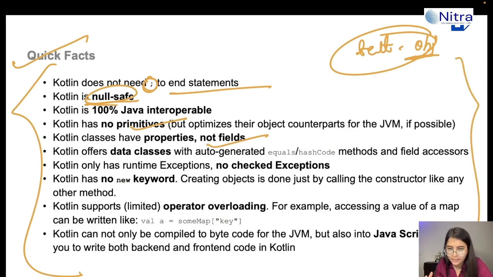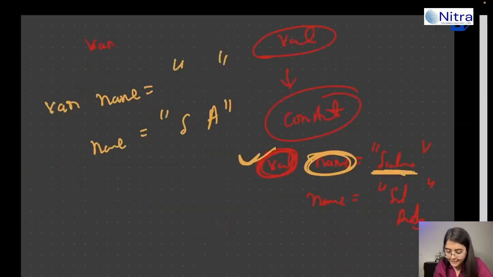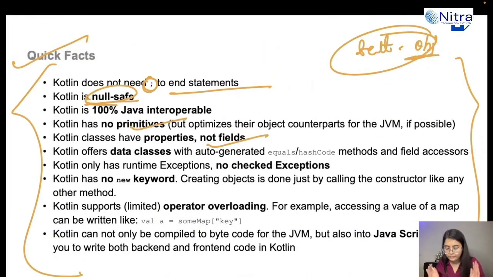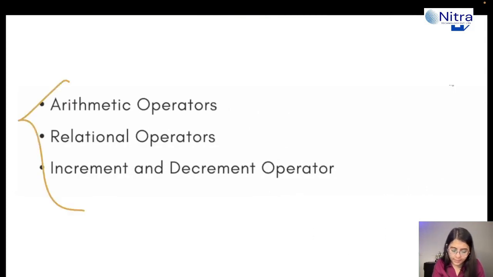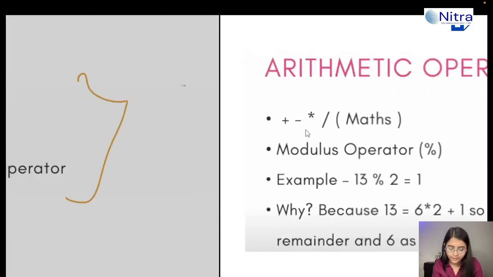These are kind of theoretical stuff, and as of now, you have created your Hello World project in Kotlin. You have compiled your first project. You know what a JVM language is, you know the basics of it, how to create variables in Kotlin, var, val, the keywords, right? If we talk about operators in Kotlin, there are three types of operators: arithmetic operators, relational operators, and increment and decrement operators.